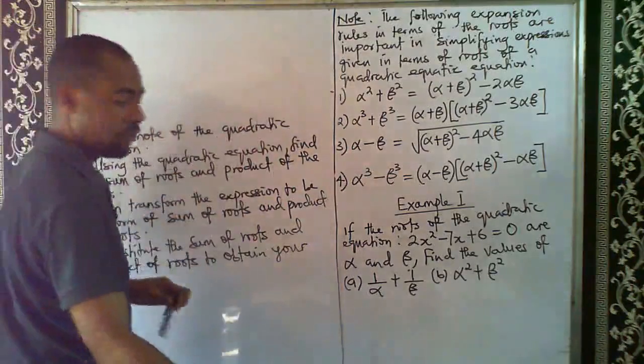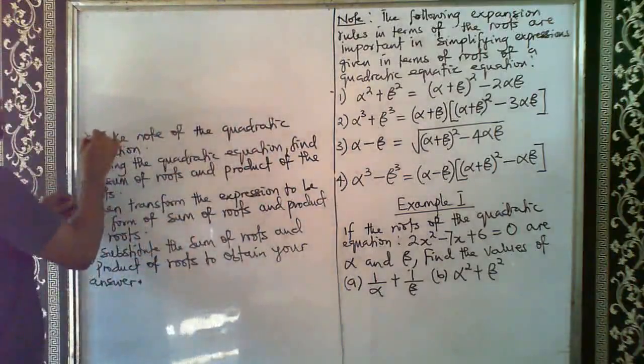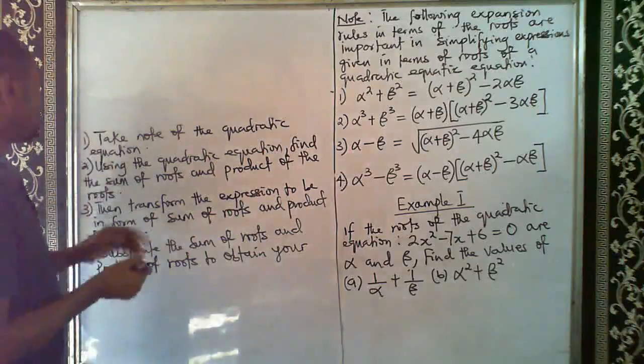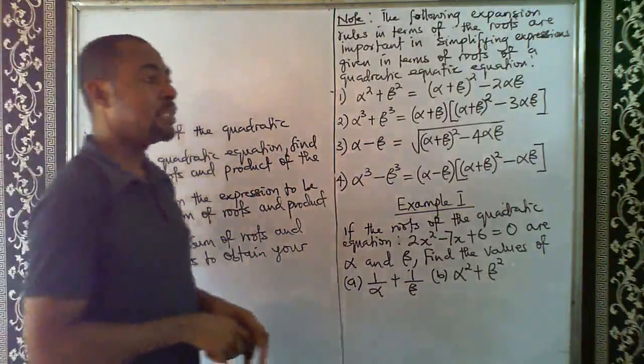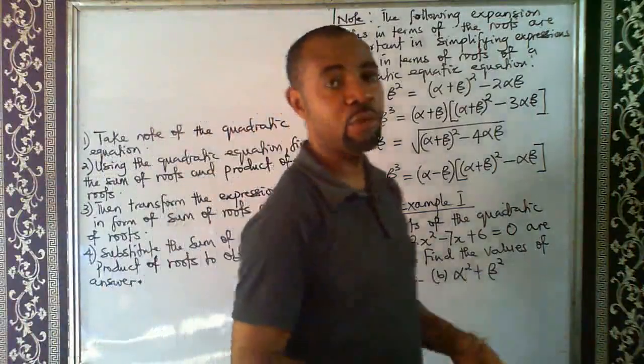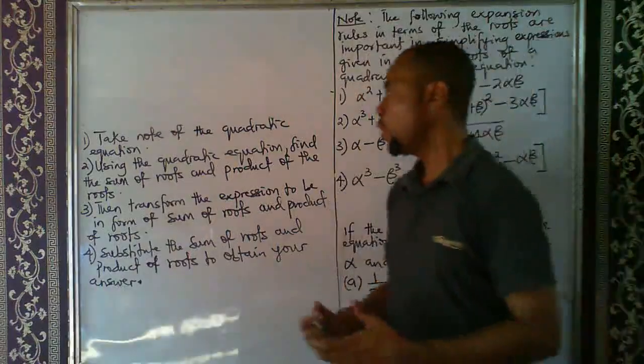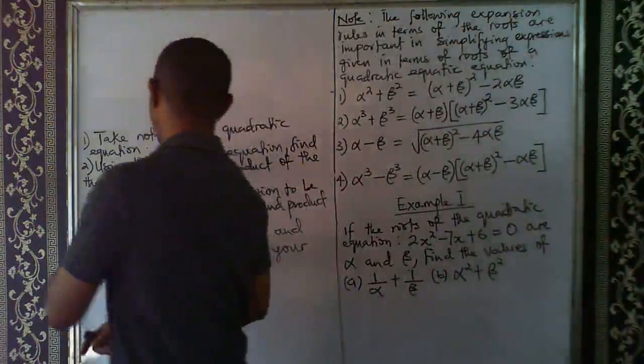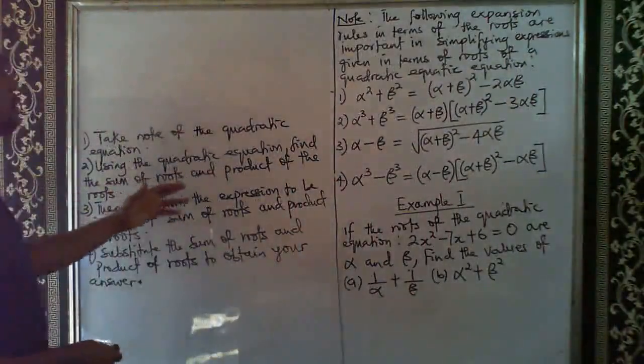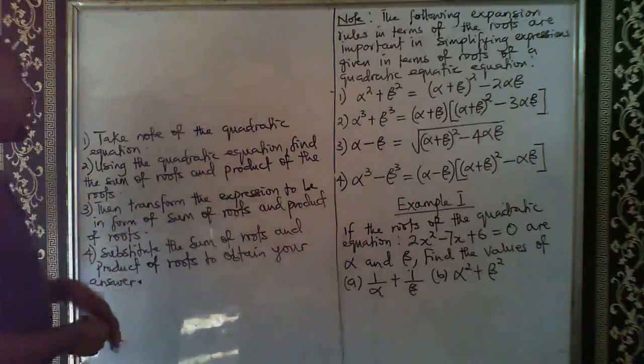So number one, the first step is to take note of the quadratic equation. In such a question, a quadratic equation will be given to us, so we take note of it. Number two, using the quadratic equation, find the sum of roots and product of what? Of the roots.